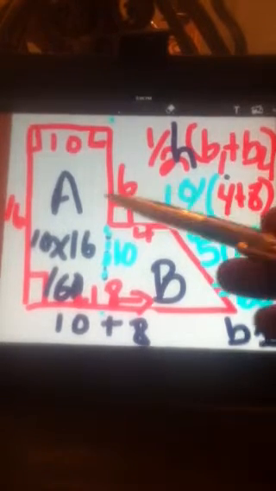So we find out this is 6, this is 16. We subtract 6 from 16, we get 10 here. This is 4 here for the base 1. Base 2 is because they gave us 18 going across here. We subtract this length, which is the same as this length down here. We subtract that from 18 and we get 8. So we know this is 8.